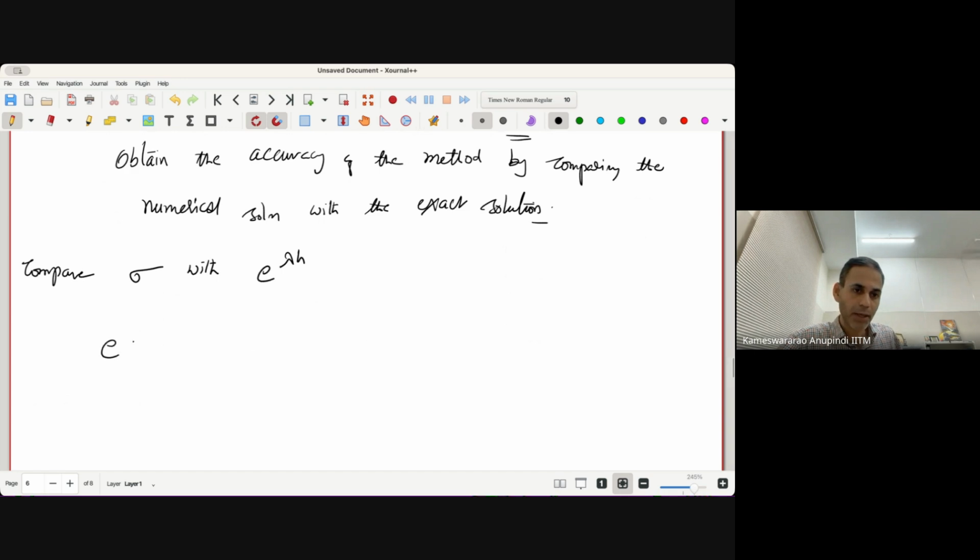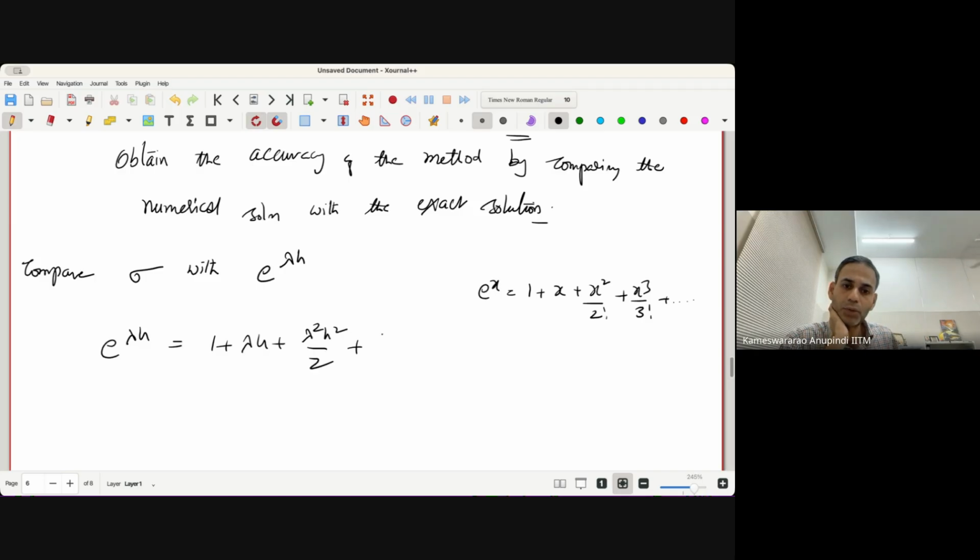Okay, if that is the case, I want to compare sigma with e to the power lambda h. For small values of lambda h, e to the power lambda h can be written from the expansion of e power x equals 1 plus x plus x squared by 2 factorial plus x cubed by 3 factorial and so on. We can write this as 1 plus lambda h plus lambda squared h squared by 2 plus lambda cubed h cubed by 6 and so on. Okay.